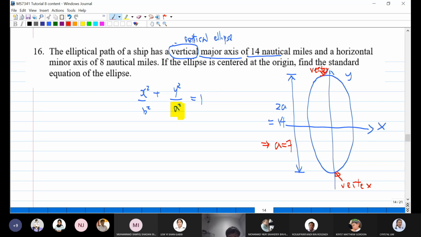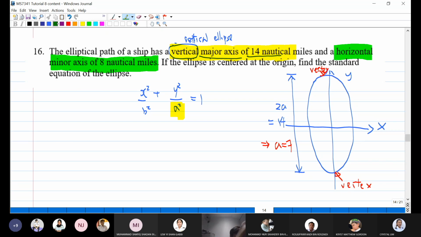And what else do we know? The horizontal minor axis is 8 nautical miles. The first information is the major axis, and the second information is the minor axis. The horizontal minor axis is 8. What does it mean now?